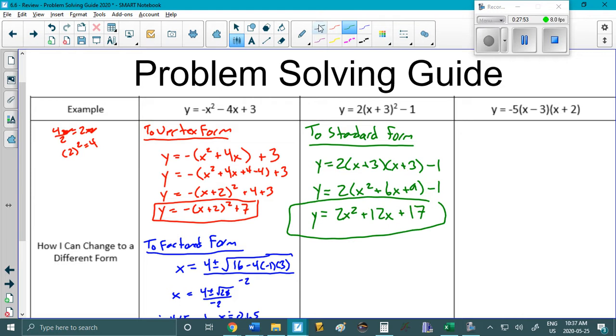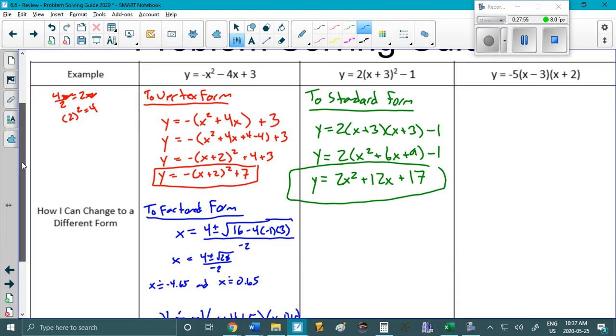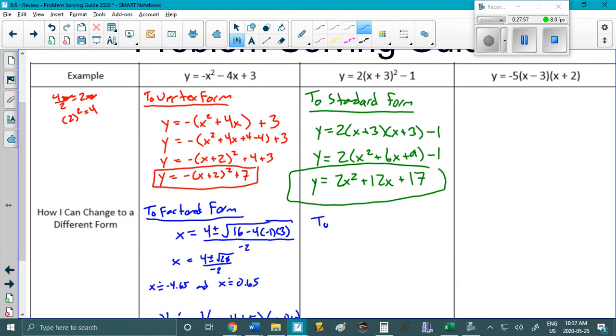Okay. And then if we're going to go to factored form, we are just going to solve for x. So to factored form, we need to find the zeros. And I think the best way here is to set it equal to 0 and solve for x. So we bring the negative 1 over. It becomes positive 1.